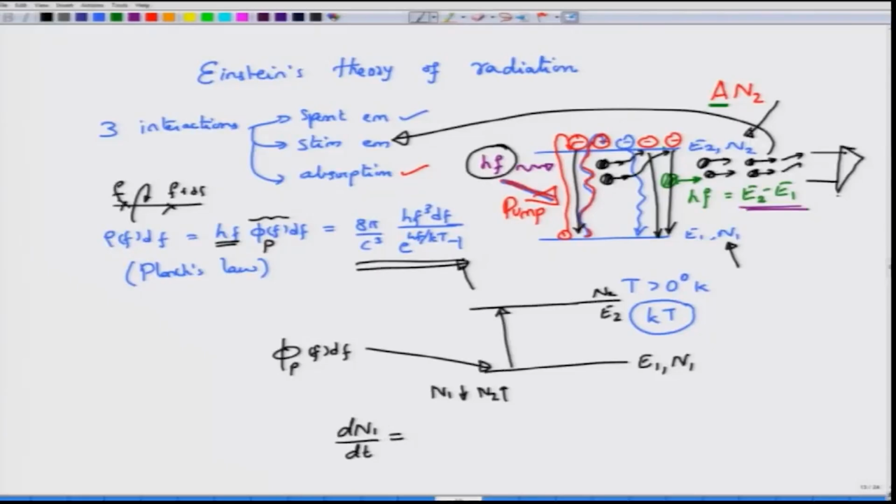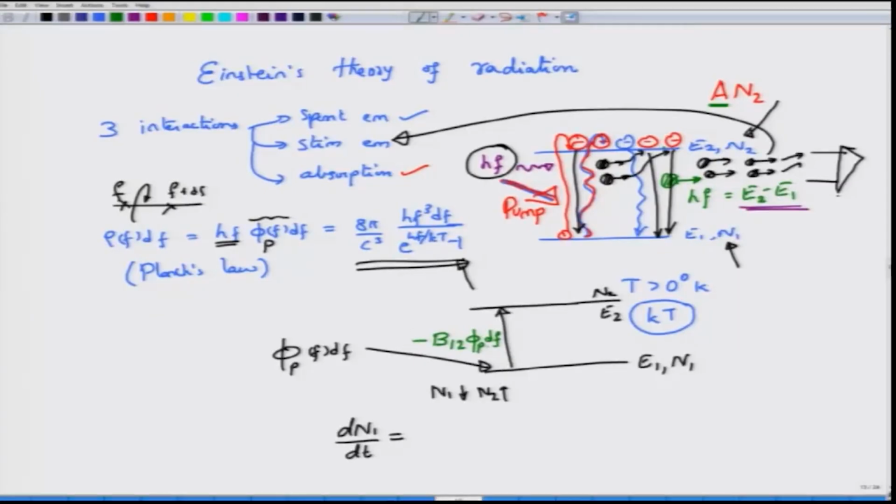First, it will be decreasing because you are sending in the pump, and the absorption process is given by B12 phi p df, and I will put a minus sign here, the minus sign indicating that because of absorption, the population density in energy level E1 is decreasing. So, decreasing is represented by minus.